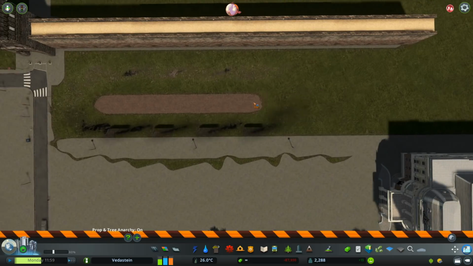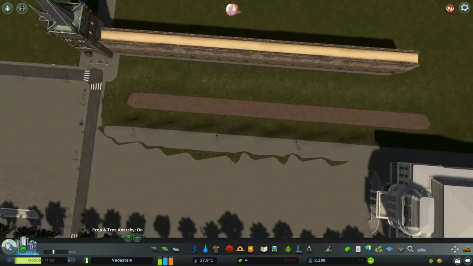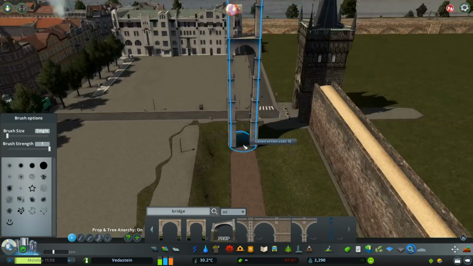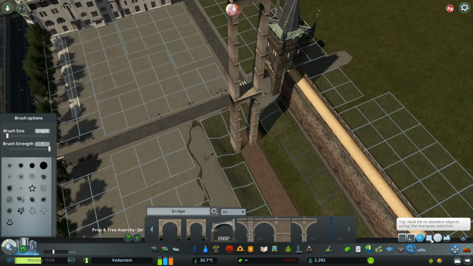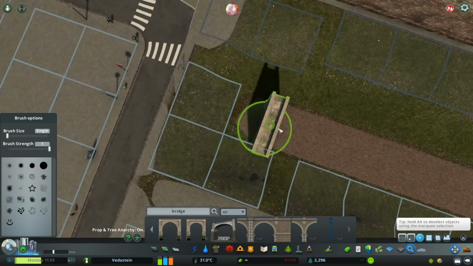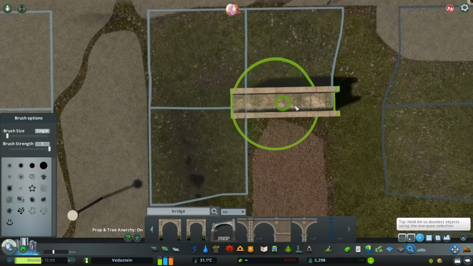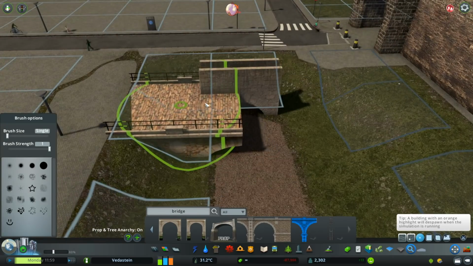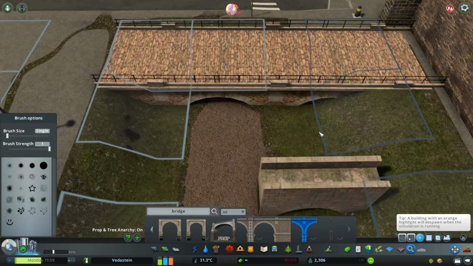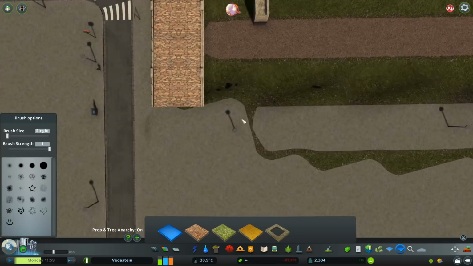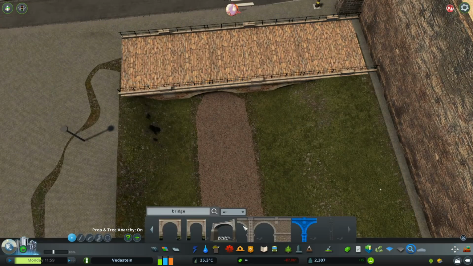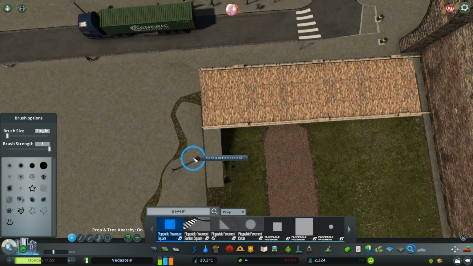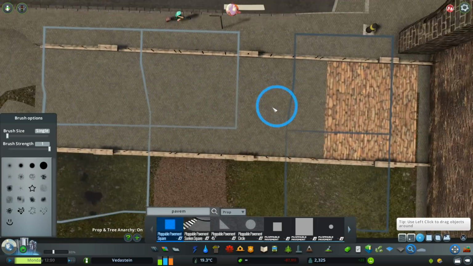Here we have the remains of the moat that once upon a time surrounded the city. So when this square was built, the mayor thought they shouldn't destroy the whole moat because it's kind of historical.